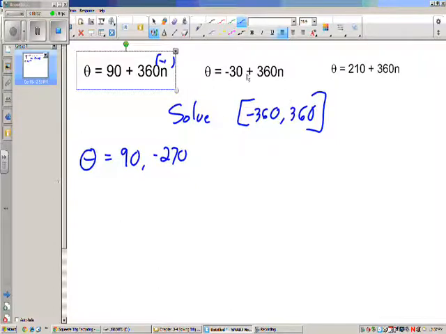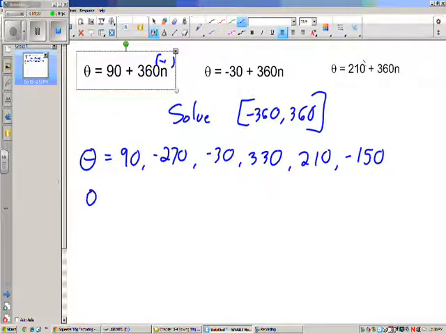If I go to this set of the values, I know negative 30 works. If I subtract 360, it will go too low, but if I add 360, I'd get 330. If I add another 360, it would be over. Now 210, we know that works. If I add 360, that'll be over. If I subtract 360, that would be negative 150.